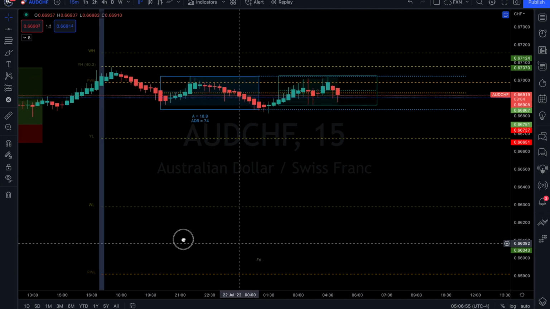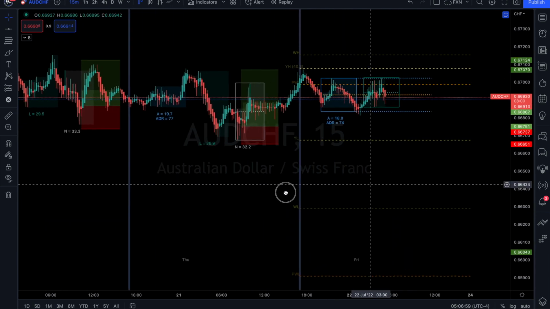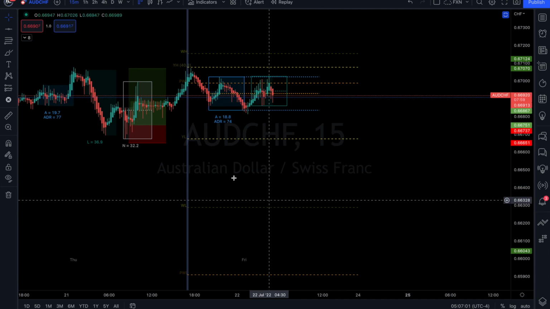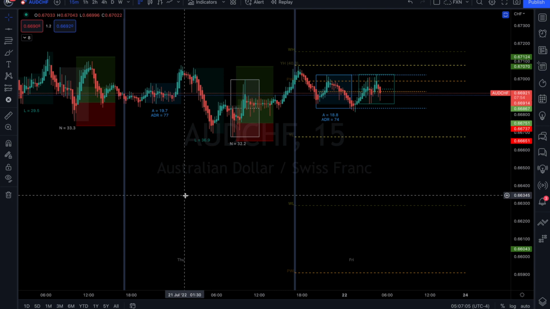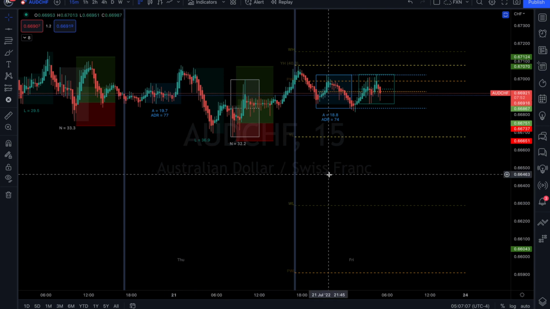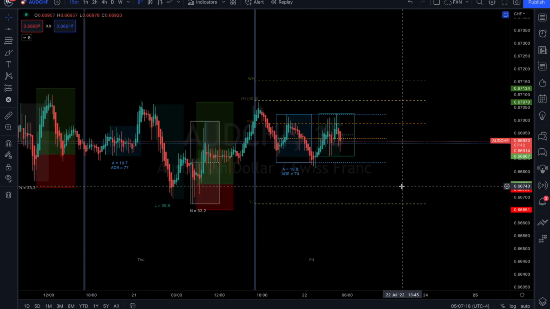Now you notice how these lines are only appearing on today's chart, meaning they're not showing on yesterday's or previous days. Because for me, I believe the most important trading day is the day that you're trading. So I can use these lines to see if a pattern develops right at one of these structures.